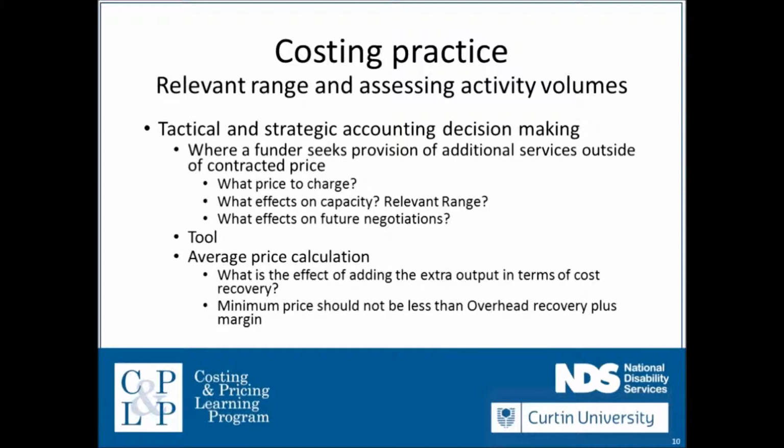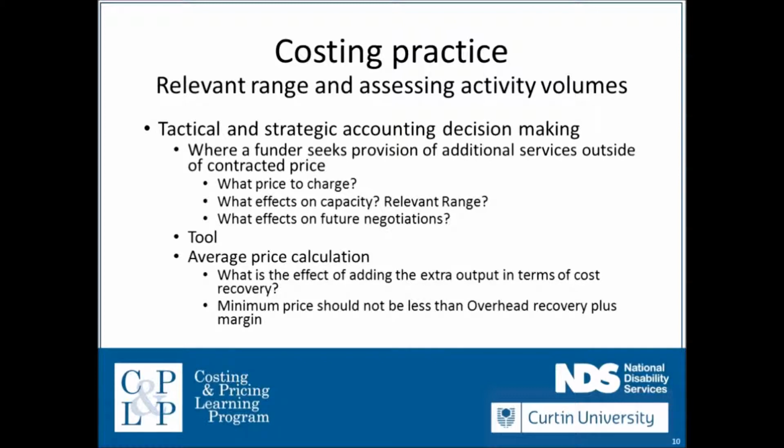In that context, I don't plan to go into relevant range in any depth in this webinar because we have dealt with it in the last 2 webinars, but remember that if you are on an expansion track, for instance, then you might have cash flow going out of your organisation as a result of the capital required to establish that and build the capacity for that expansion.